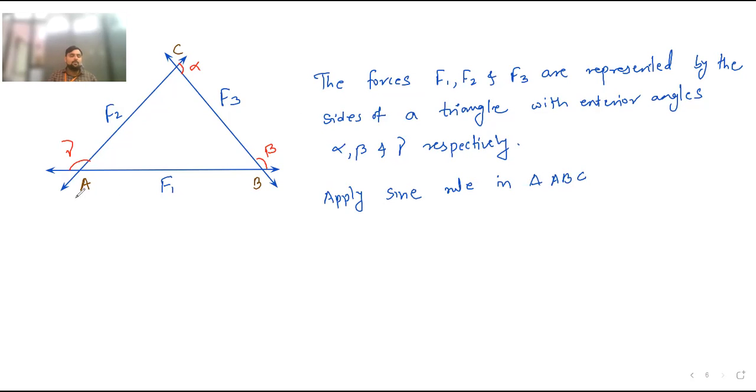Okay. Now if you apply the sine rule, the first side is AB. So AB upon sine of 180 minus alpha, which is equal to BC upon sine of 180 minus beta.